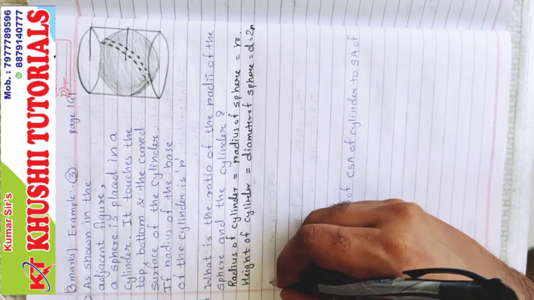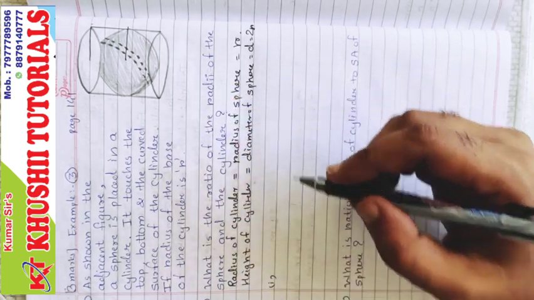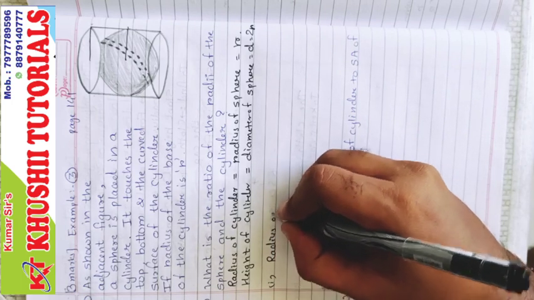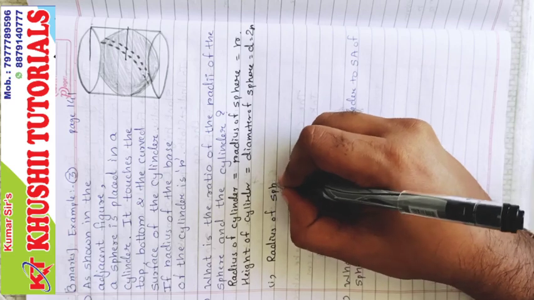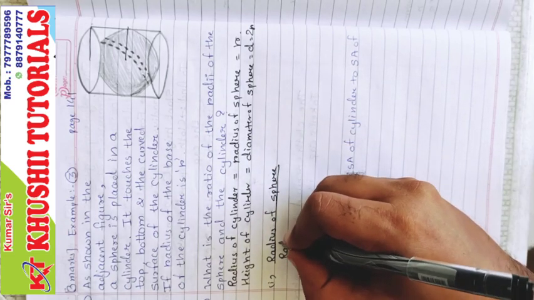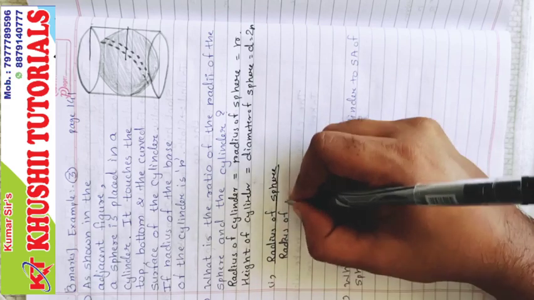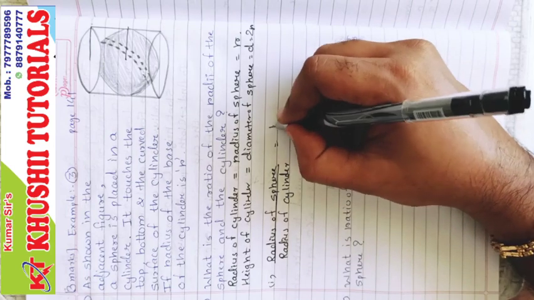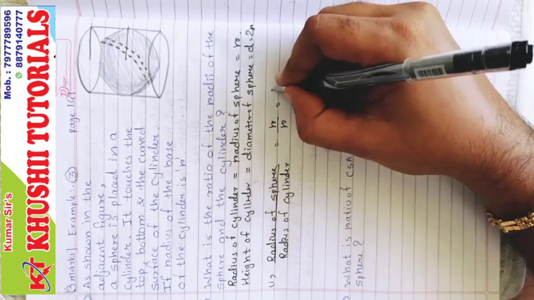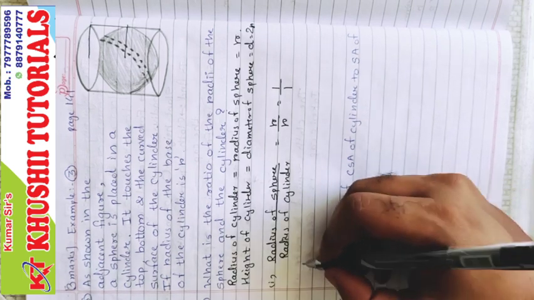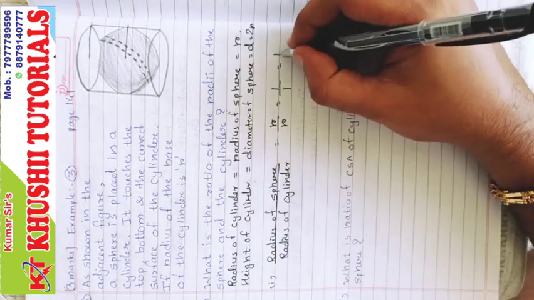Now the first part was find the ratio of the radii of the sphere and cylinder. So radius of sphere upon radius of cylinder equal to r by r equal to 1 by 1. And here therefore answer is 1:1.